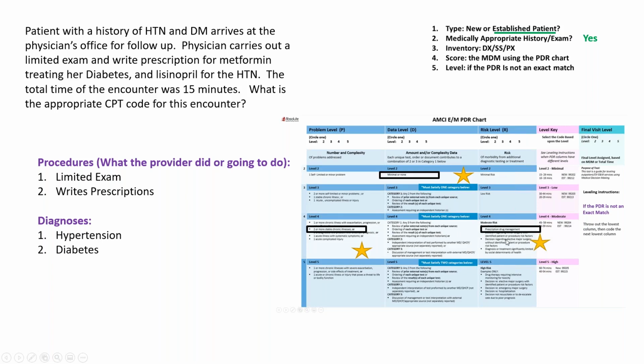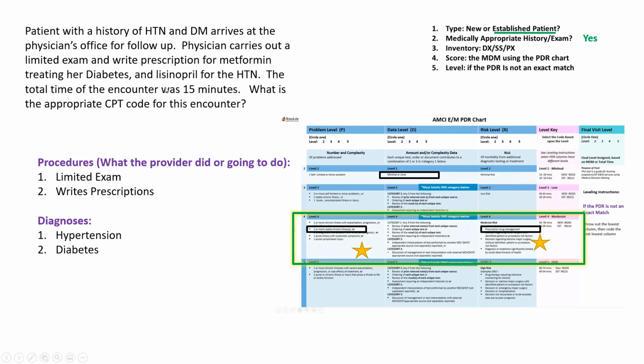So we have a level 4 risk. So if we go ahead and level, we're going to throw out the lowest, code the next, and this is a level 4 encounter. And that level 4 encounter is 99214. It's a follow-up.